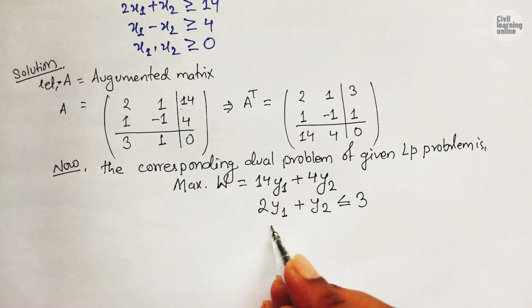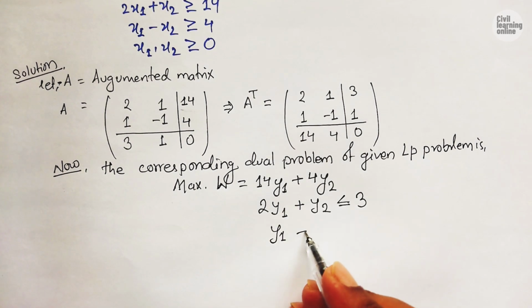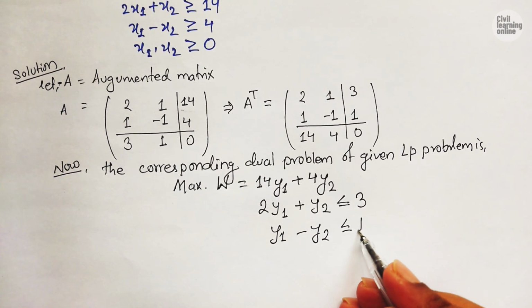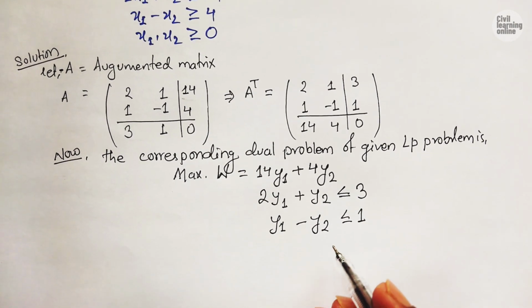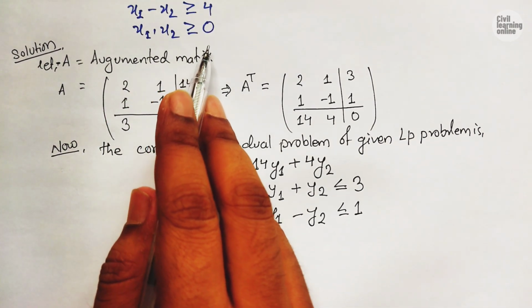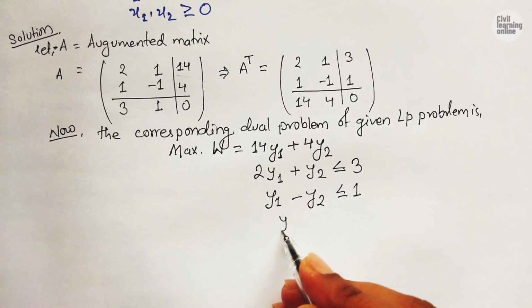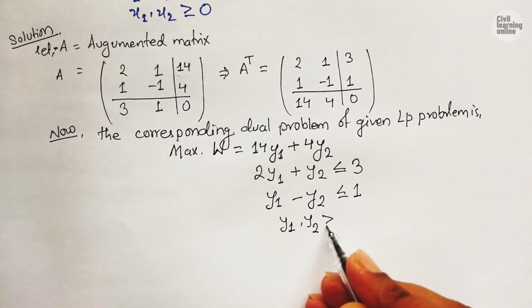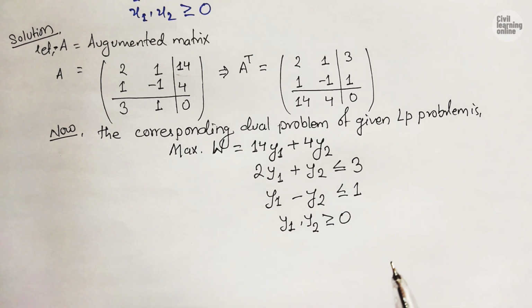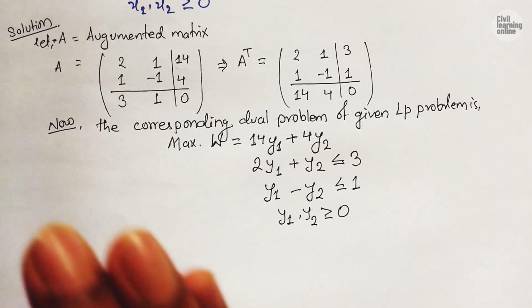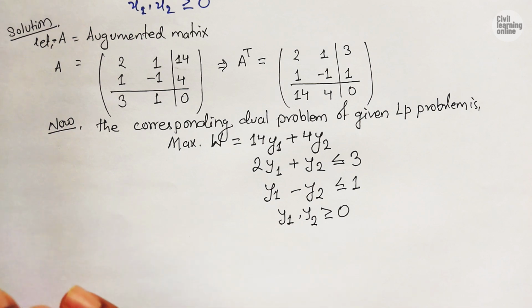Similarly we will have y1 minus y2 less than or equal to 1, and since x1, x2 were greater than or equal to 0, we have y1, y2 greater than or equal to 0. Now we have to do the process as we used to do in the maximization problem.